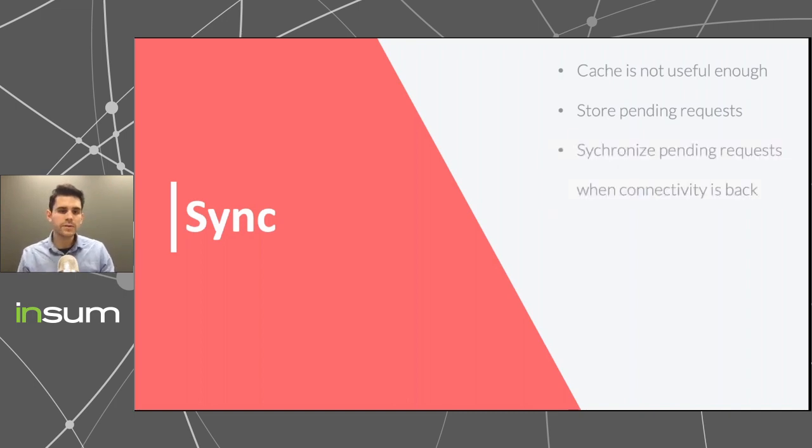And then we will be using the Sync API because we want our Apex application to execute the queue when we get back online. Execute the queue of pending resources.